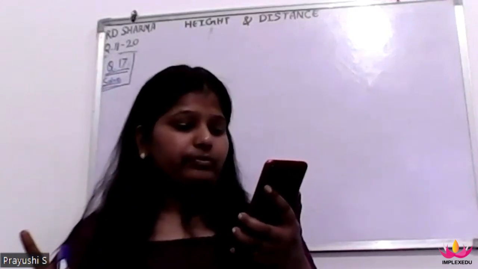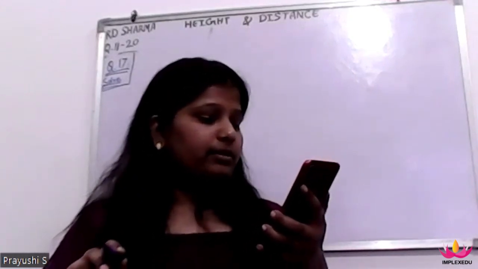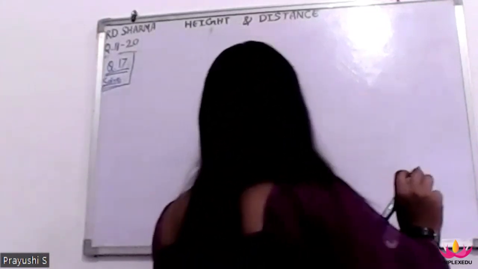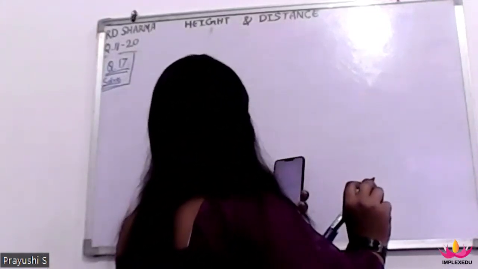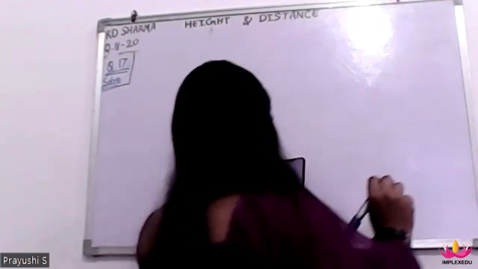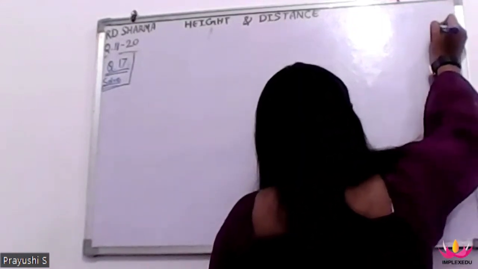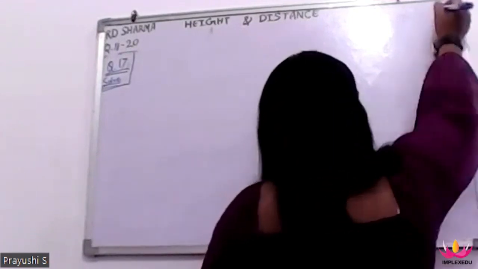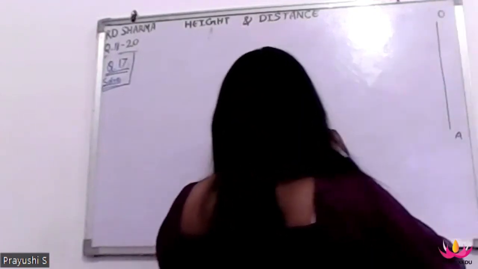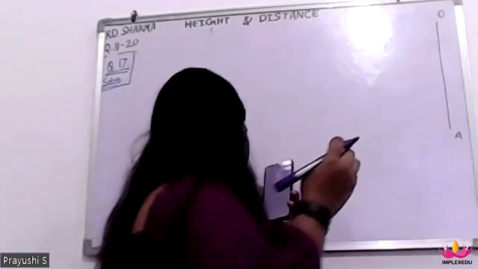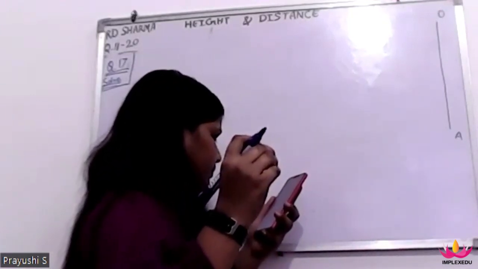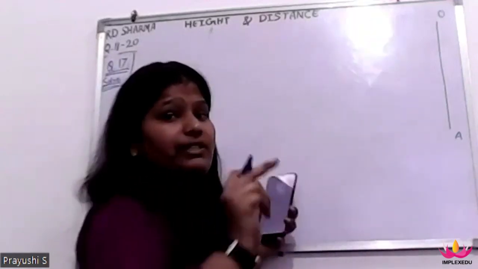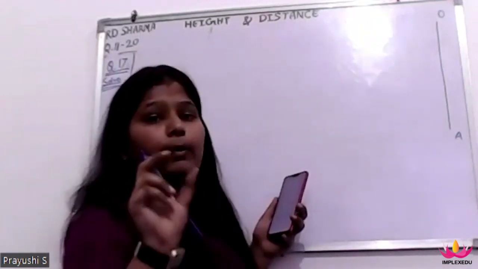So now, first we are drawing the question. We are assuming that this AO is the building, the top of the building.